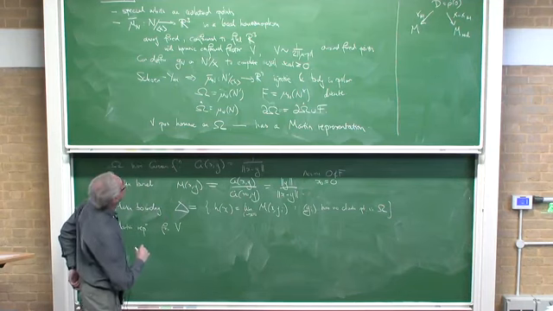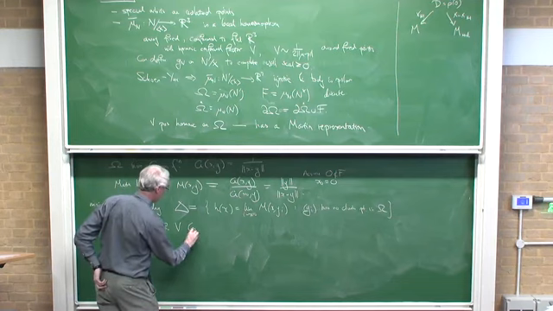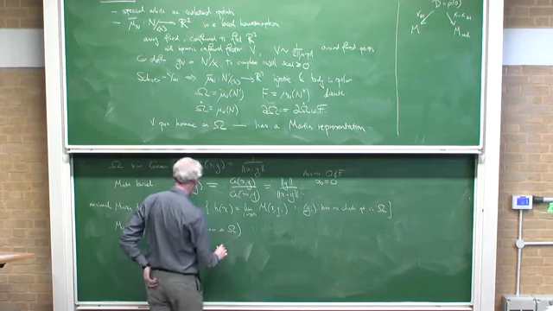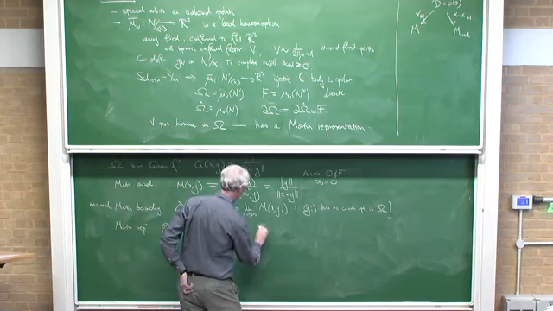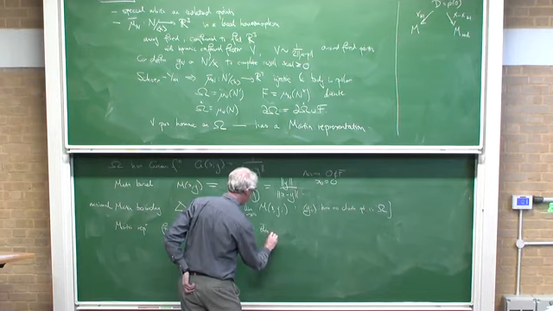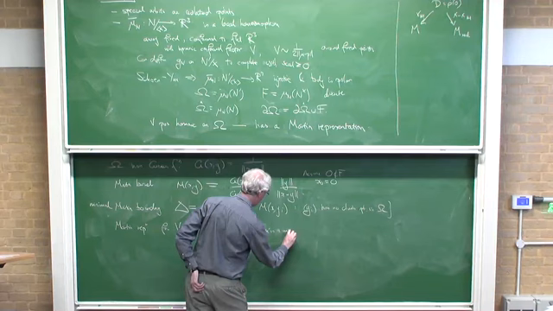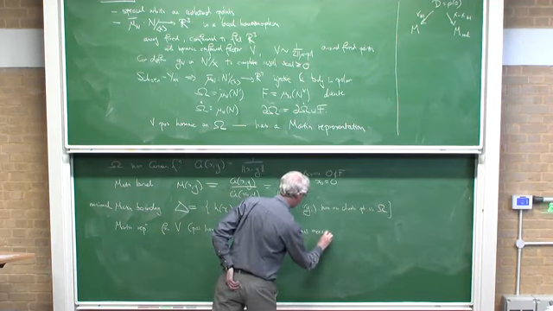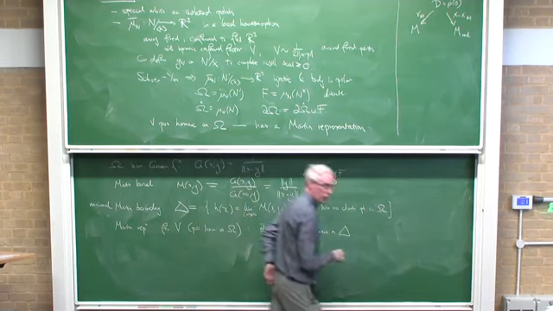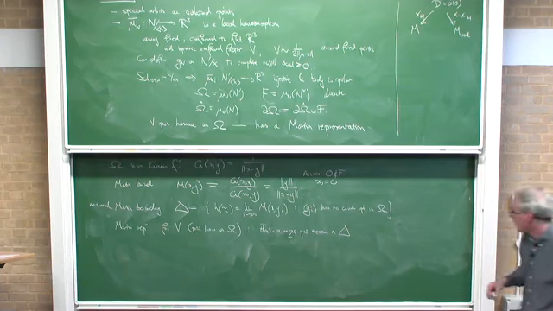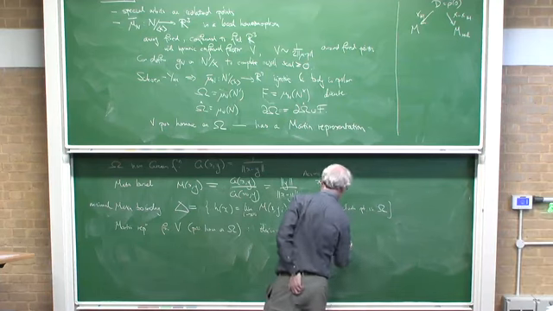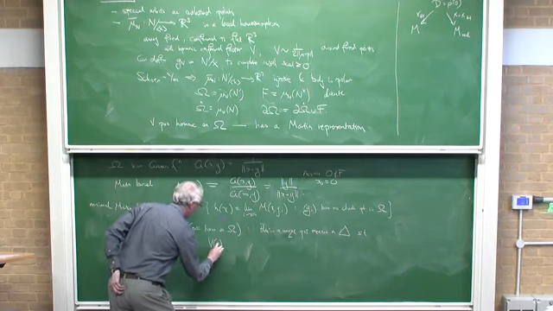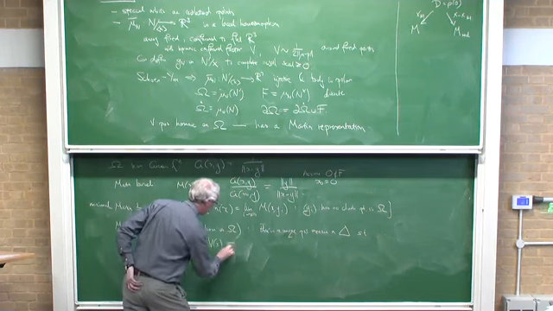V, so any positive harmonic function, says there is a unique positive measure on the minimal Martin boundary such that V is given by integrating the Martin kernel.